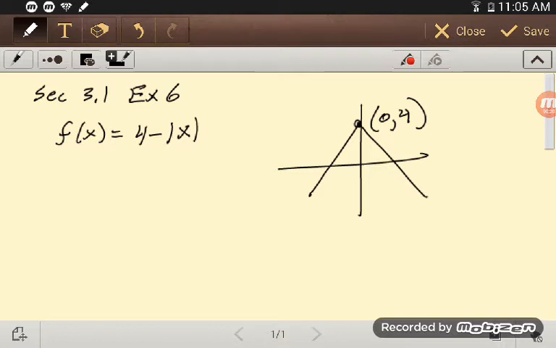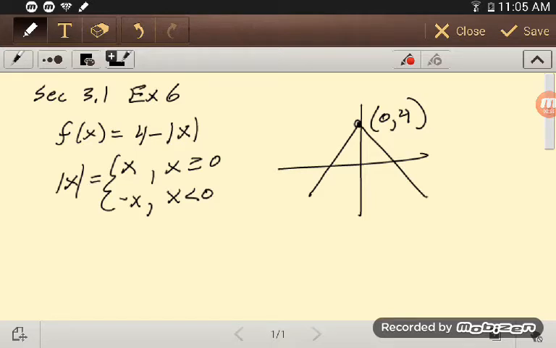So we go to find the derivative, but it matters a lot here about this absolute value, because the absolute value of x is equal to x if x is greater than or equal to 0, and it is equal to negative x if x is negative, because the negative of a negative is a positive.